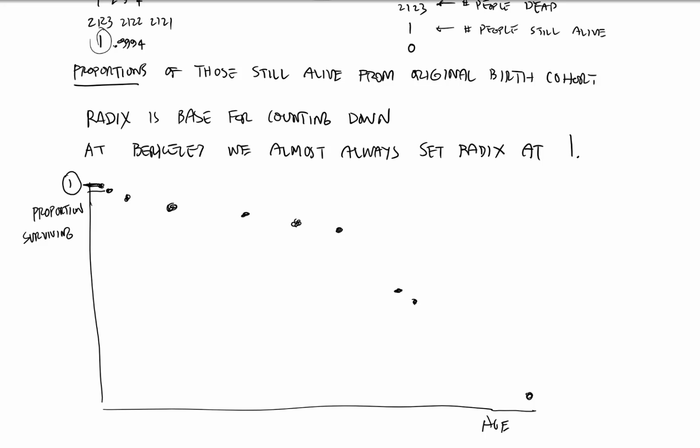And then what we do is we connect those dots by a smooth line. And when we do that, we're now talking about this curve, but we should remember that underlying that curve are all of those horizontal straight lines. This curve we refer to as the survivorship curve.